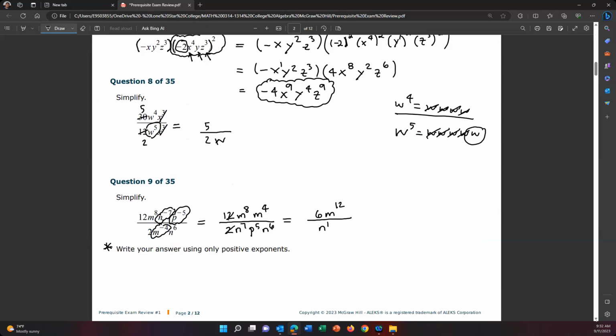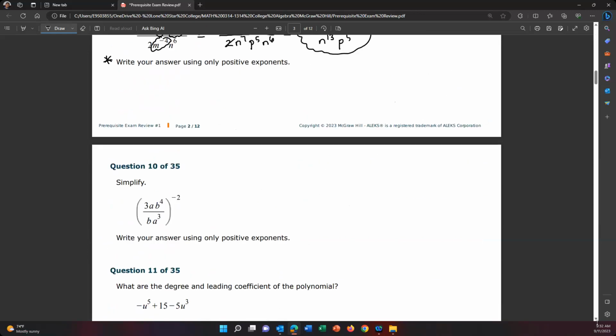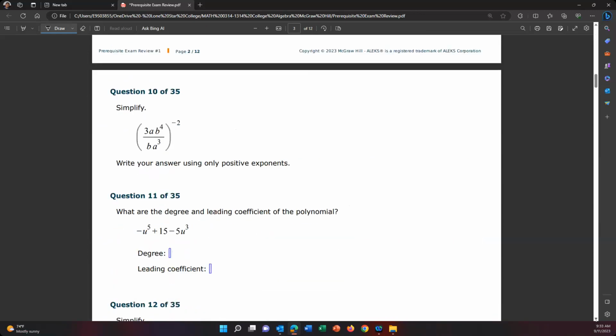That makes 13 n's and p to the 5th, where it has nothing else to combine with. There's not another p, so therefore it is just p to the 5th power. And there it is. There's the answer. All right, moving on. Oh, so we got some more negative exponent stuff. All right, good stuff. I like it.